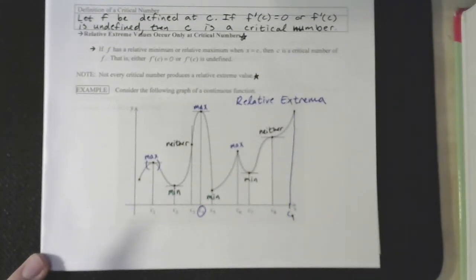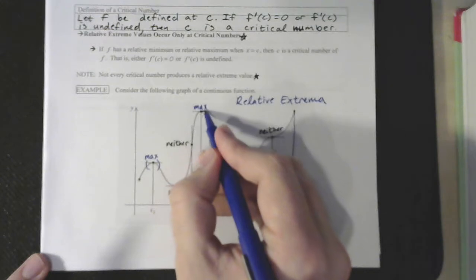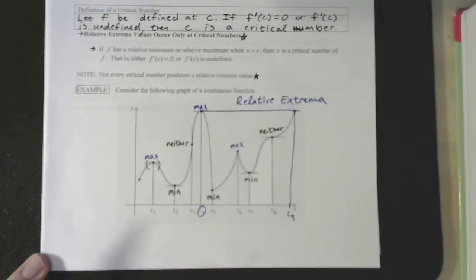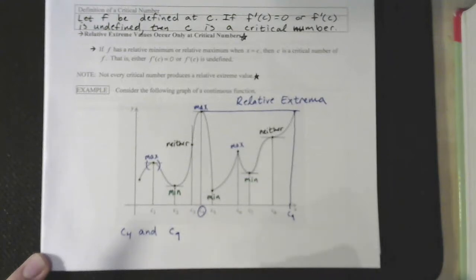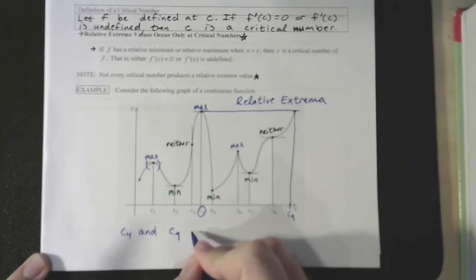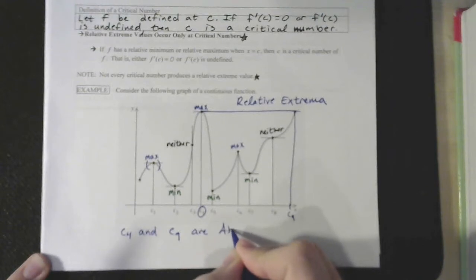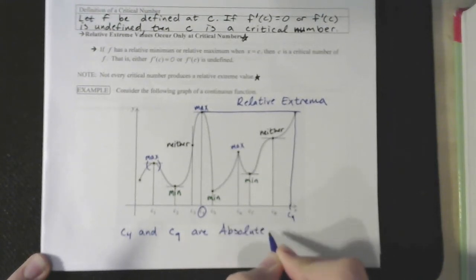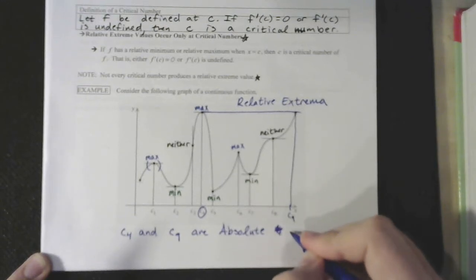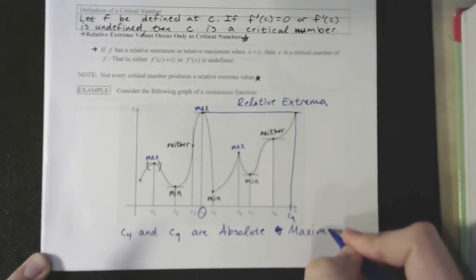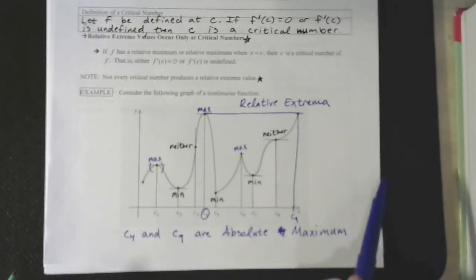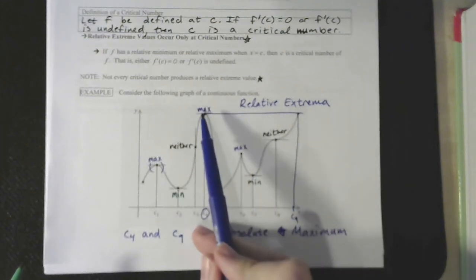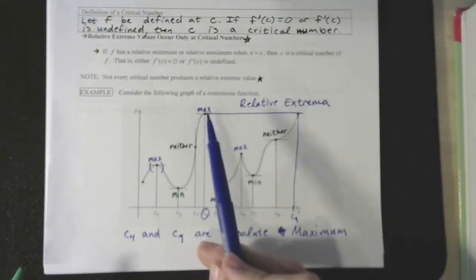Pretend that that's a straight line. They're supposed to be equal. So these are tied for bigger than everything else. So C4 and our added C9 would be called the absolute extrema, or in this case, absolute maximum, because they are bigger than everything. For the entire function, every other point has y values smaller than these two y values, which are equal.